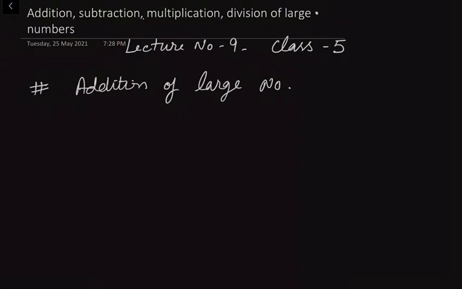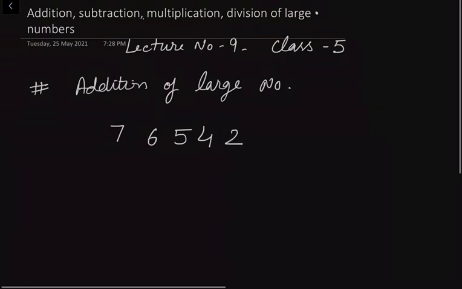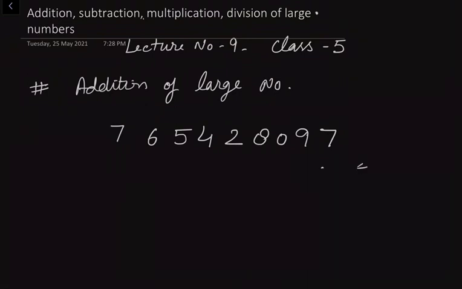There are two numbers. One number is 7 6 5 4 2 8 0 9 7. Another number, we will write from the right hand side, 3 9 8 6 5 3 9 8.